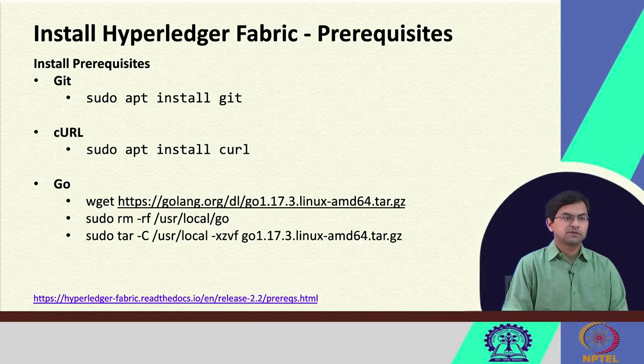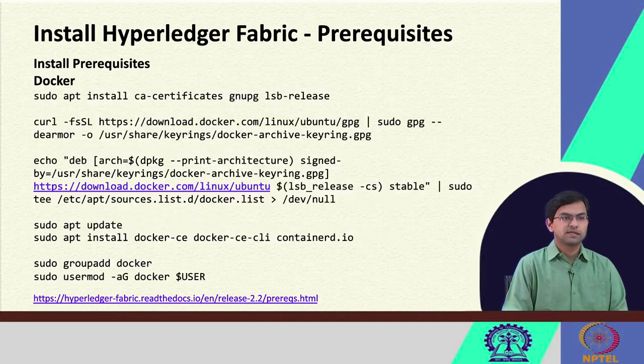After you have installed Git, curl and Go, the next steps would be installing Docker and then installing Docker Compose. Installing Docker has multiple steps. Based on the platform and the operating system you are using in your own laptop or PC, these steps will vary. These are very specific to the Ubuntu Linux operating system.